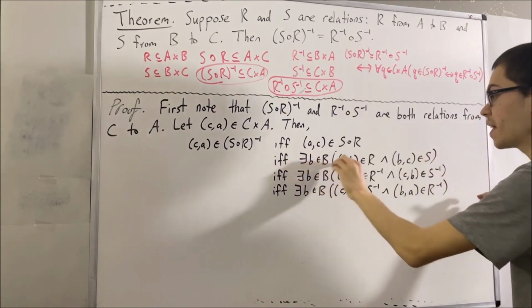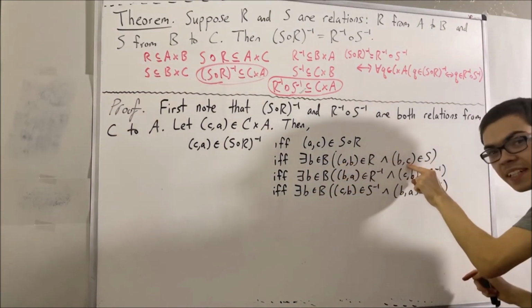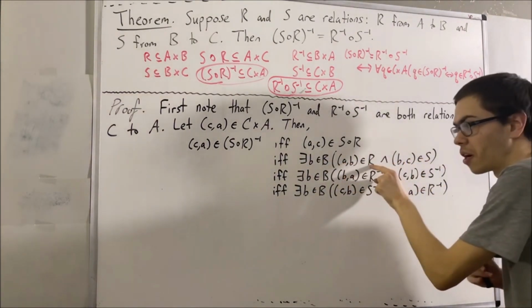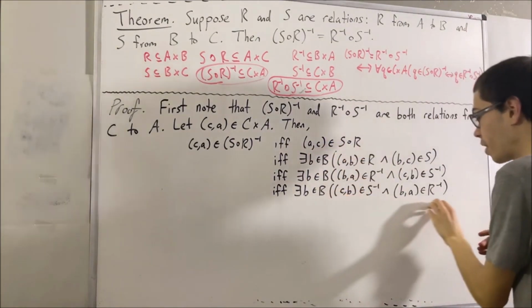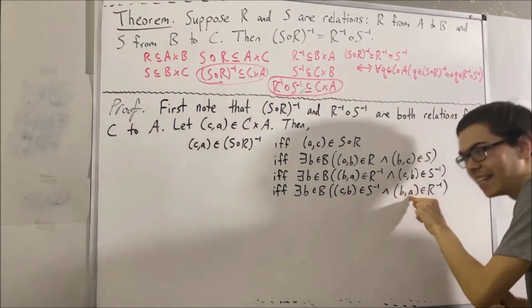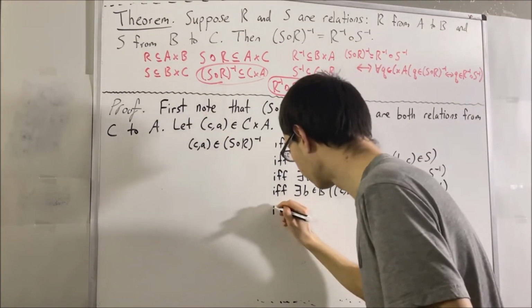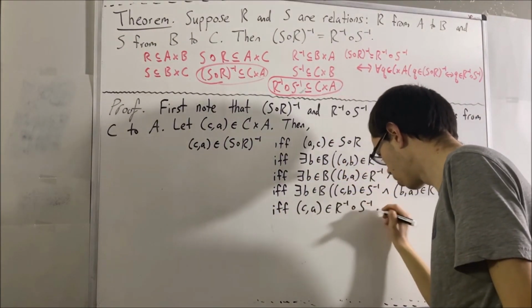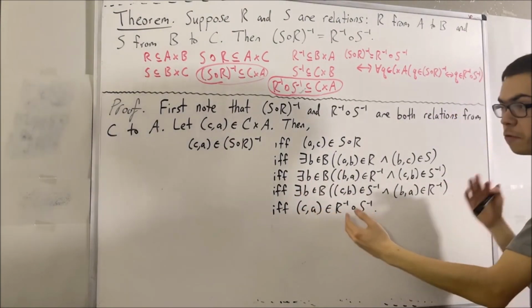Notice in the second statement, we can conclude that A comma C is an element of S compose R. Same thing right here. We can conclude that C comma A is an element of R inverse compose S inverse. Right? That just comes from the definition of compositions of relations.